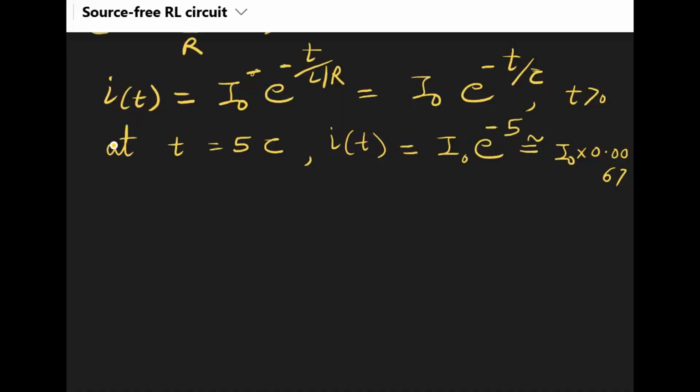It means that in 5 tau time the current reaches its steady state.